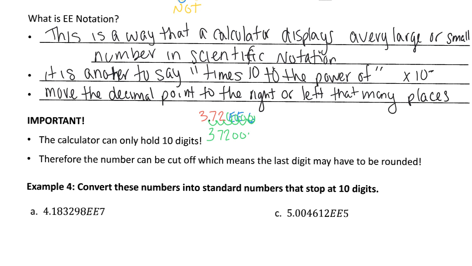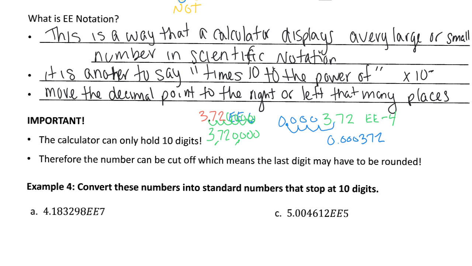So we'd have 4 zeros after there. And then that would be our number. Or if it's like 3.72 EE negative 4, we'd move that then in the negative way 4 places. And it'd be 0.0003 72. Okay, so just some quick examples there.